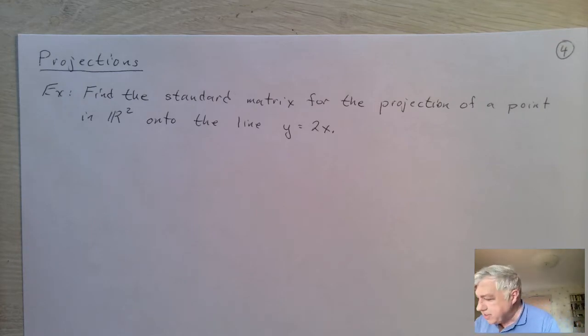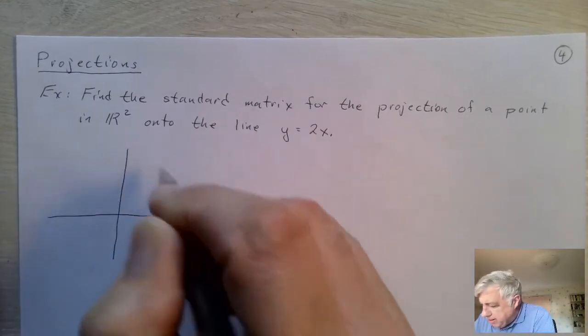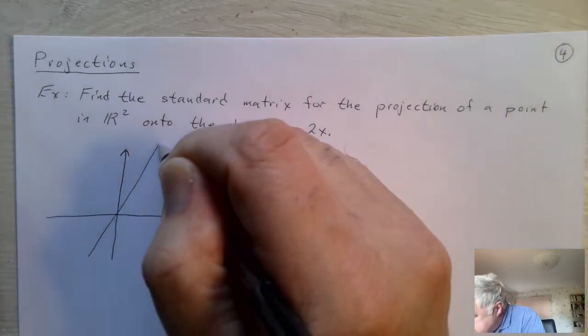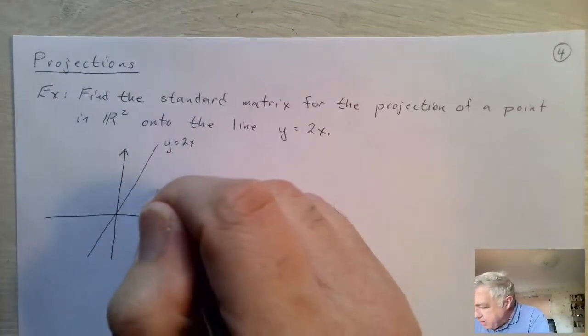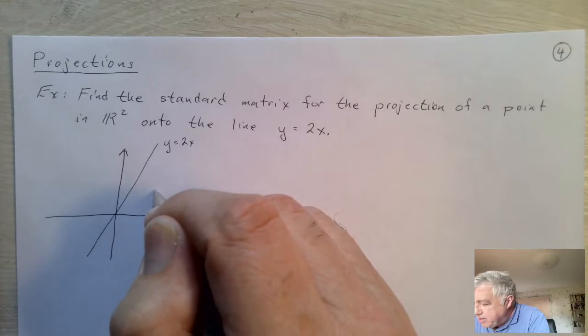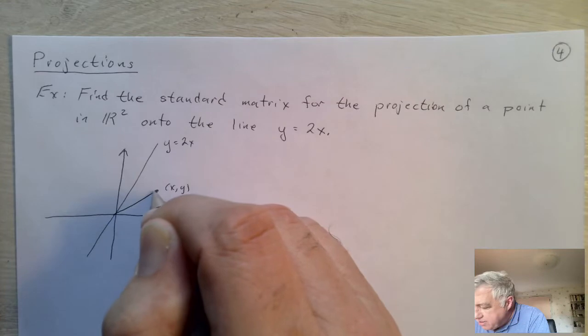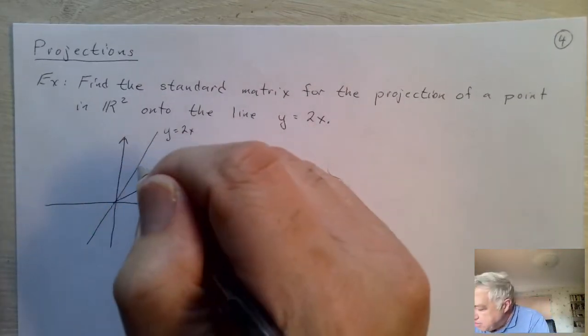So we're going to start with this example. We're asked to find the standard matrix for the projection of a point in R2 onto the line y equals 2x. Here's the coordinate plane, and here's the line y equals 2x. Then we take an arbitrary point in R2 called (x, y), which corresponds to a vector, and we want to project this vector onto this line.